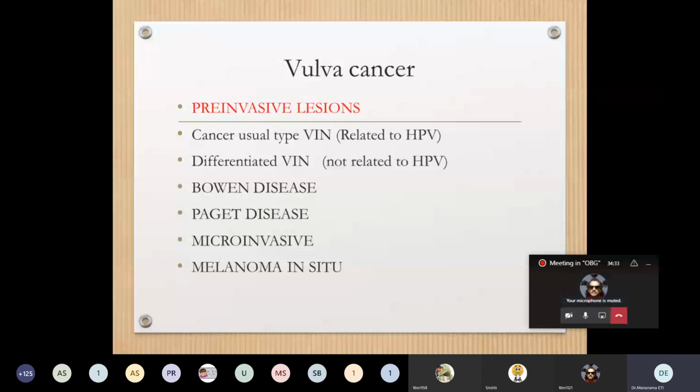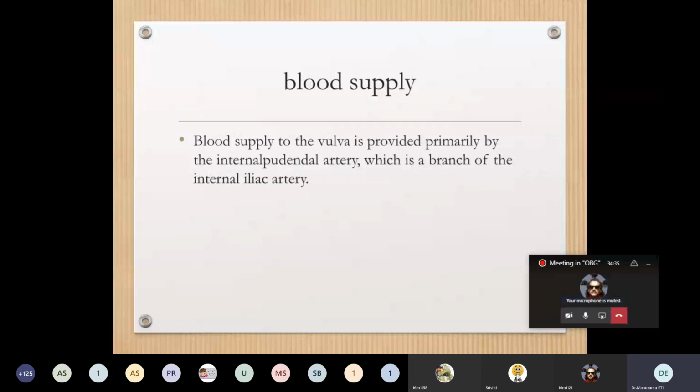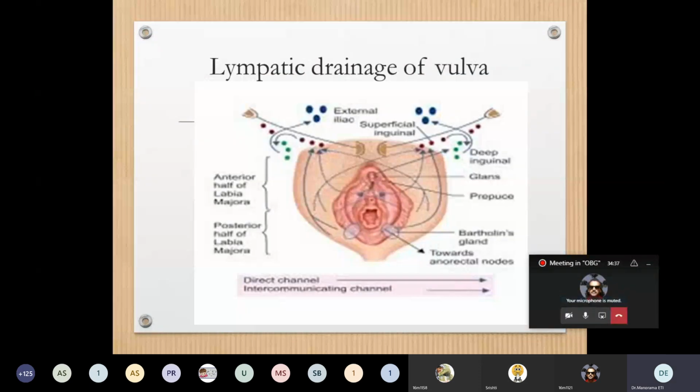Ma'am, we can see, ma'am. Okay, the slides are moving. Can you see the pictures now? Okay? Yes, ma'am. Okay, okay.